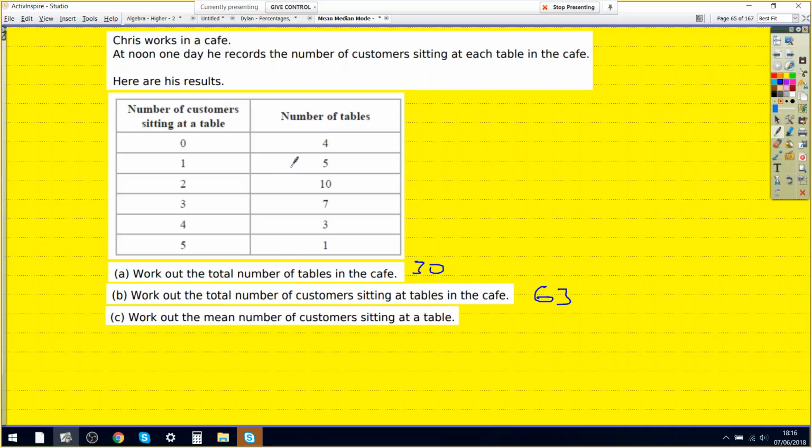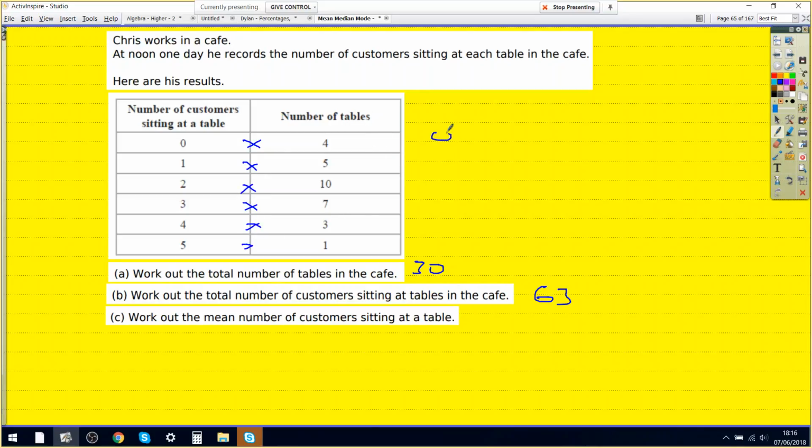Yeah, I just added up like what I did earlier. Yeah, so it's actually 63, but that's okay. I think it's just because you're trying to do it in your head. You just times them.